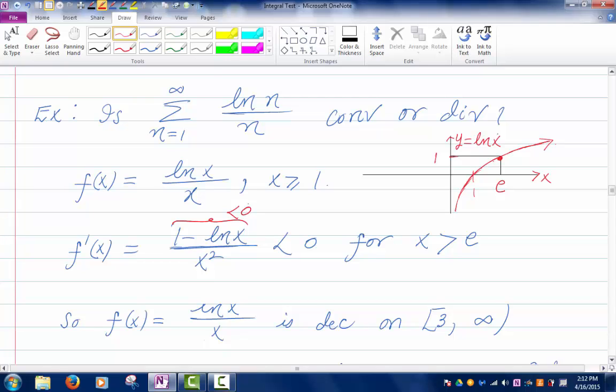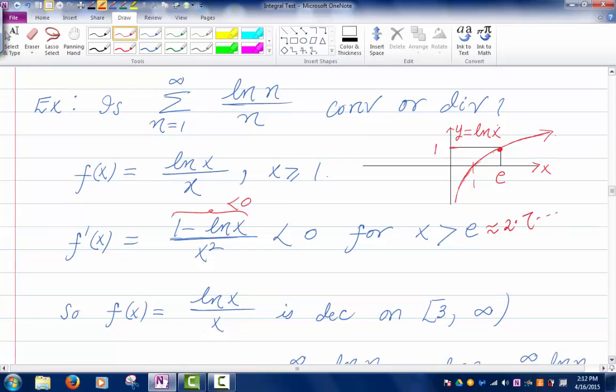The derivative would be negative when x is bigger than e. e is about 2.7 something, okay? So we know that the function f is not decreasing from 1 to infinity. It is only decreasing from e to infinity.